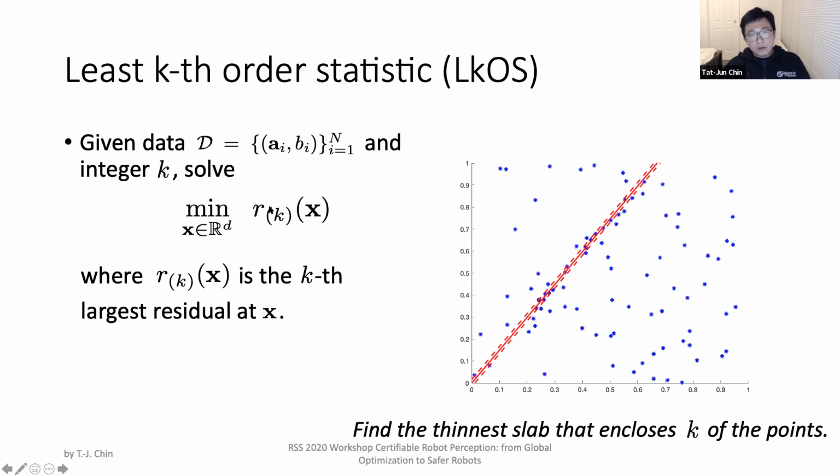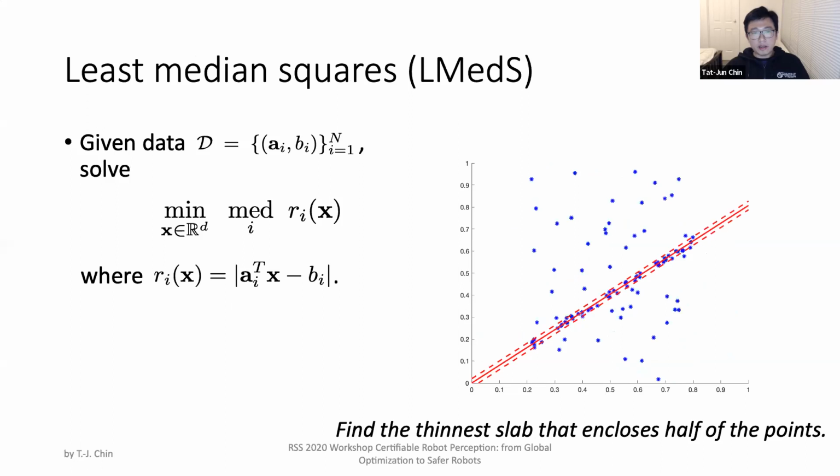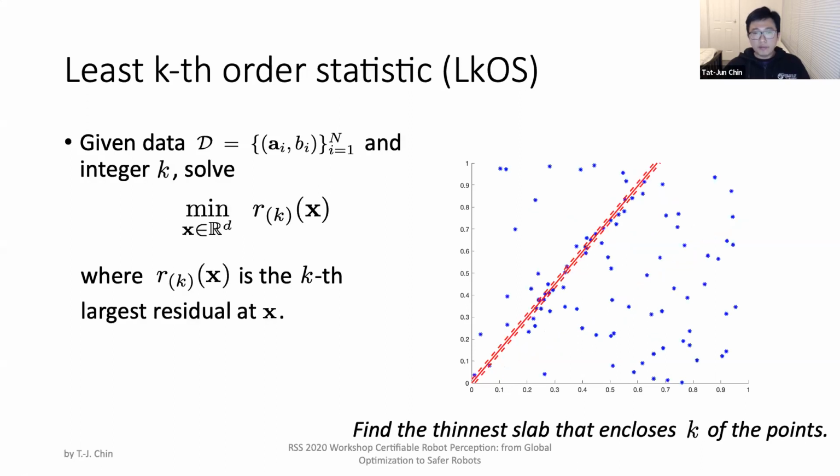So R in brackets k here means the kth largest residual given candidate X. In the previous slide, we just took k as half of n. Now we are generalizing it, saying k can be any number between 1 and n.